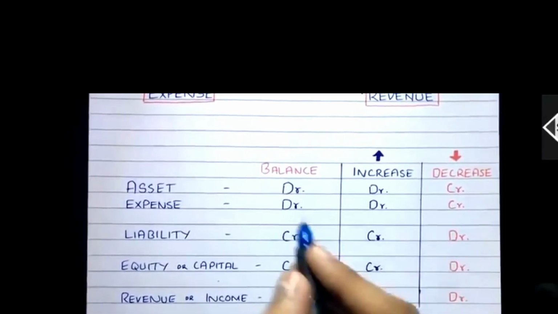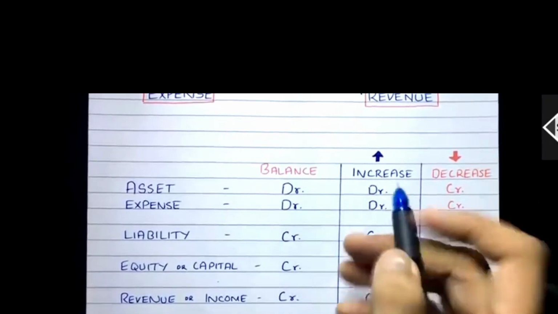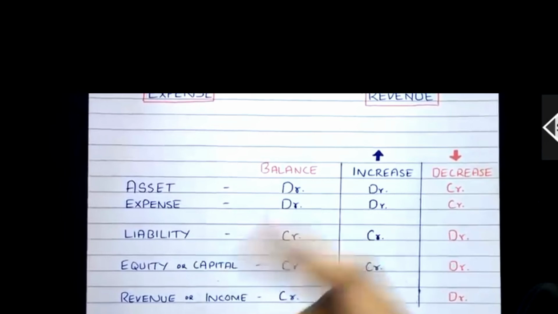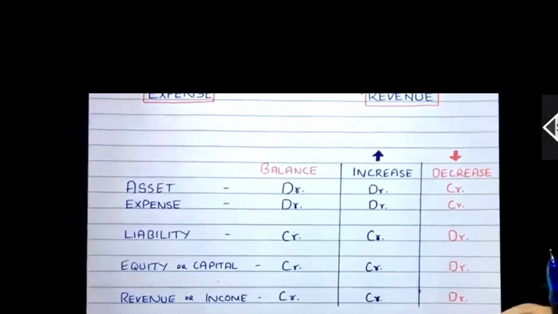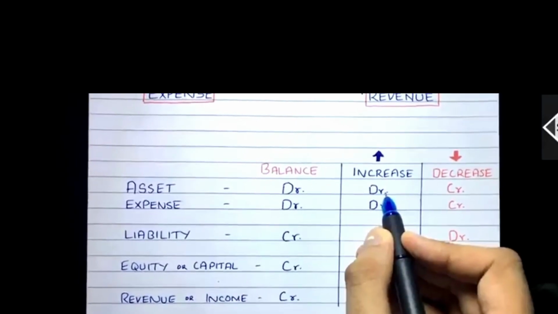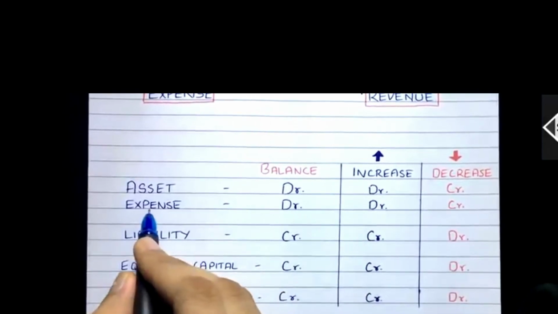Simple. They have a debit balance, you want to increase them, then debit them more. If you have a sugary drink, you want to make it more sweet, then you have to add more sugar, isn't it? Just like that. It has a debit balance. To increase it, you will debit it more. To decrease it, you will do the opposite, credit. Simple as that. Expense also, debit balance.